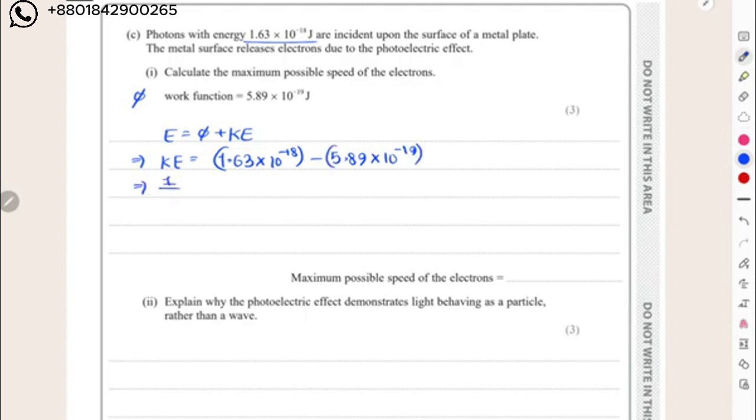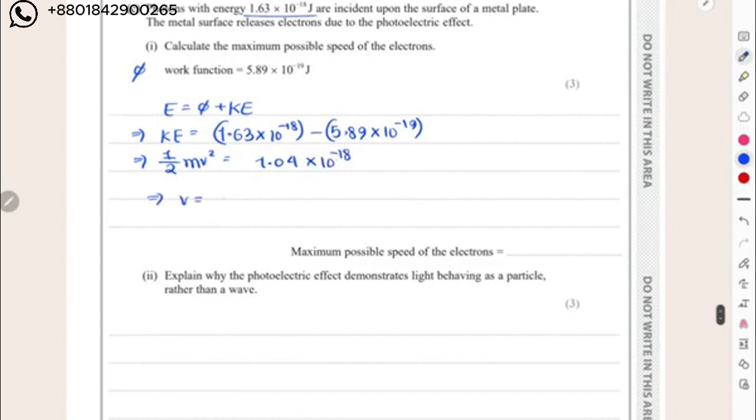So your value for kinetic energy should be written as half mv squared. The final result for this subtraction should be equal to 1.04 × 10^-18.